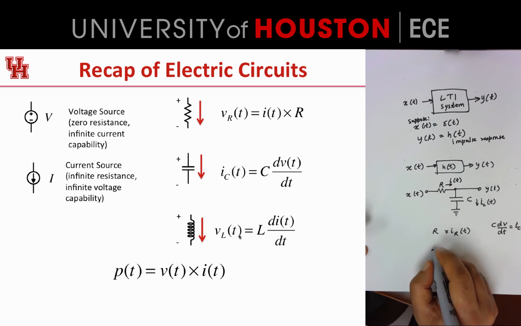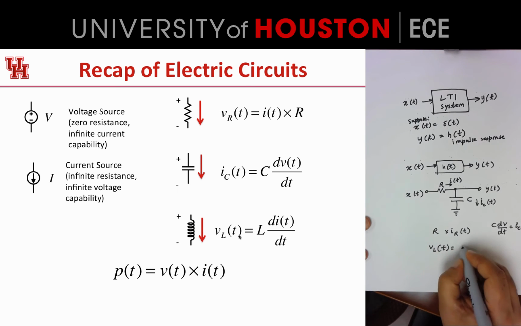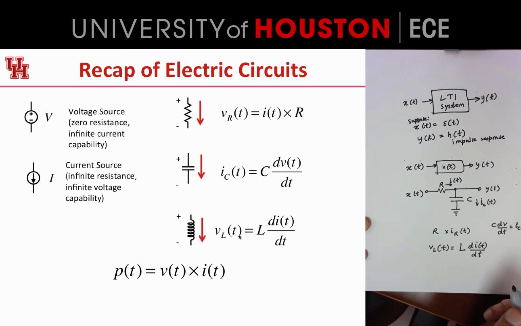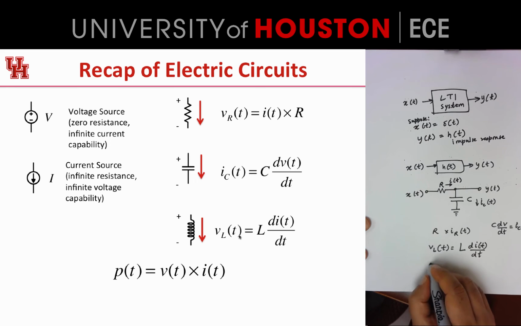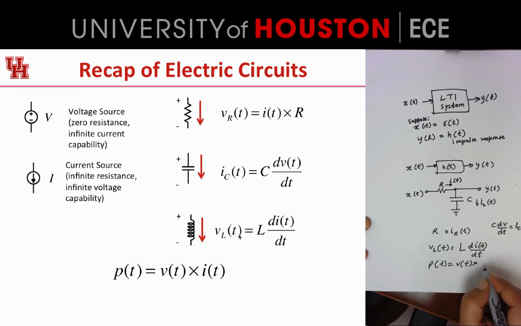Similarly, the voltage across an inductor is given by L, which is the inductance, times di by dt. That's the formula. So the power, of course, in all cases, is the voltage times the current. And this is a signal too, remember?